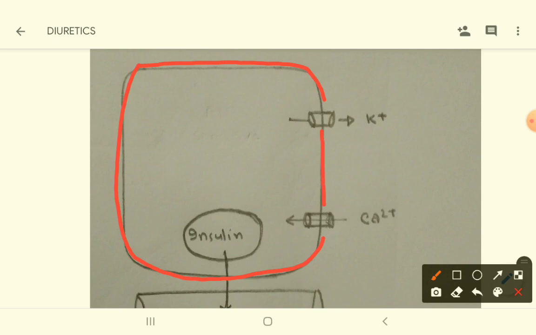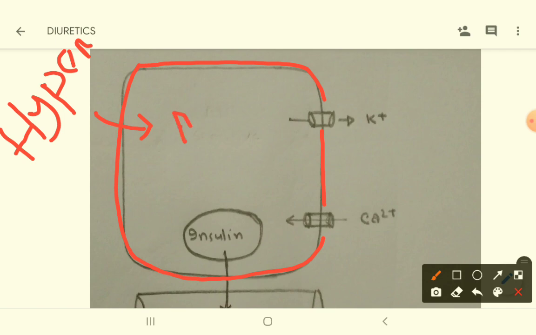Now first I am talking about the normal physiology. If there is hyperglycemia, what happens? Some glucose comes into this cell, and the cell converts this glucose into ATP, and ATP blocks this channel. This ATP sensitive potassium channel is blocked.